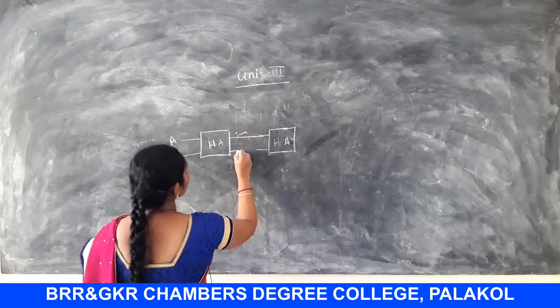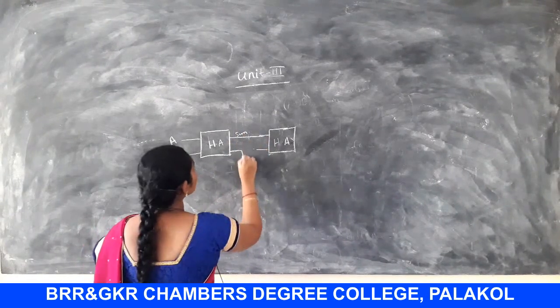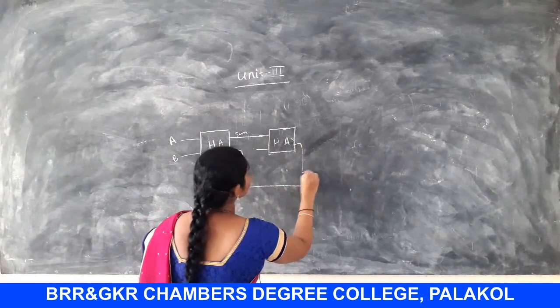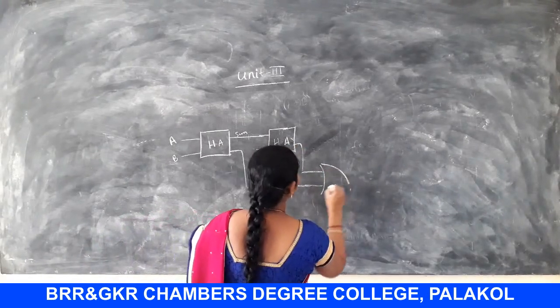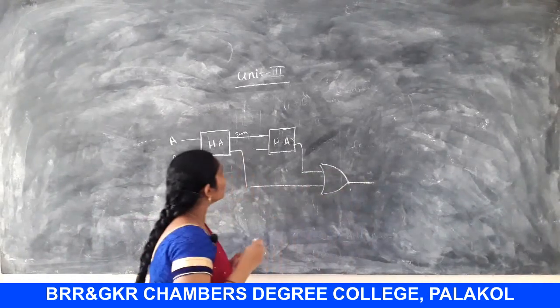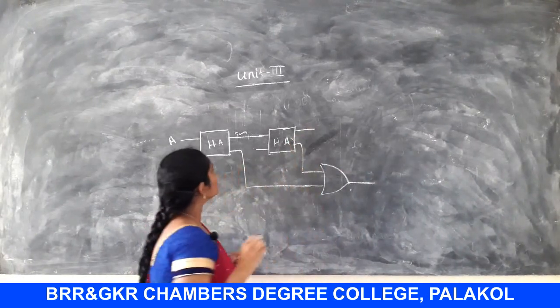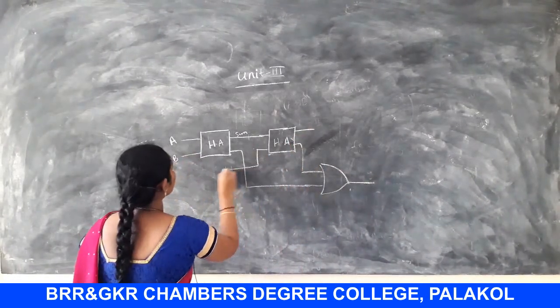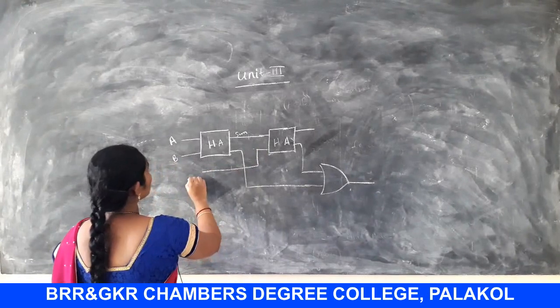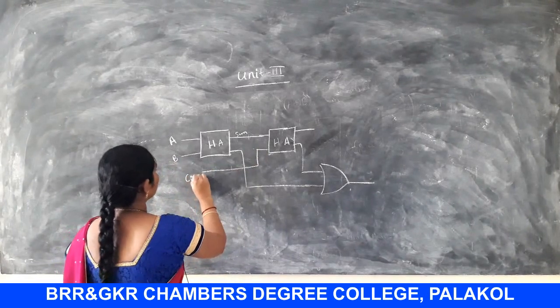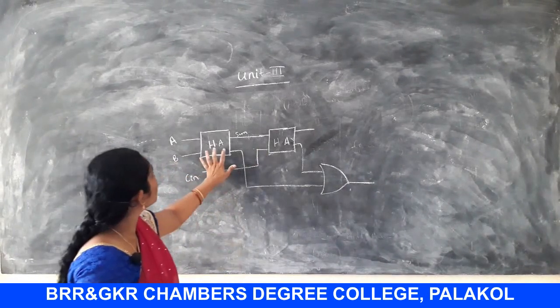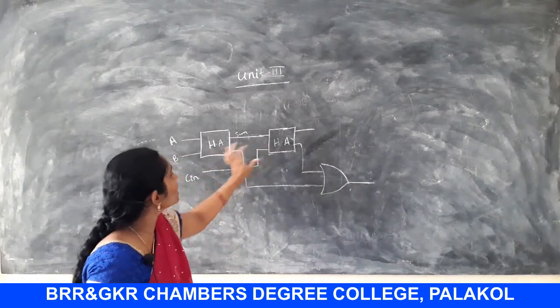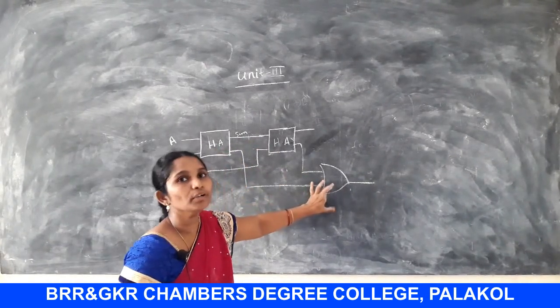Okay, so by combining these two, you have to form one full adder. So okay, so here this is one full adder. So this is Cin. Okay, so by using these two half adders, we have to form one full adder.